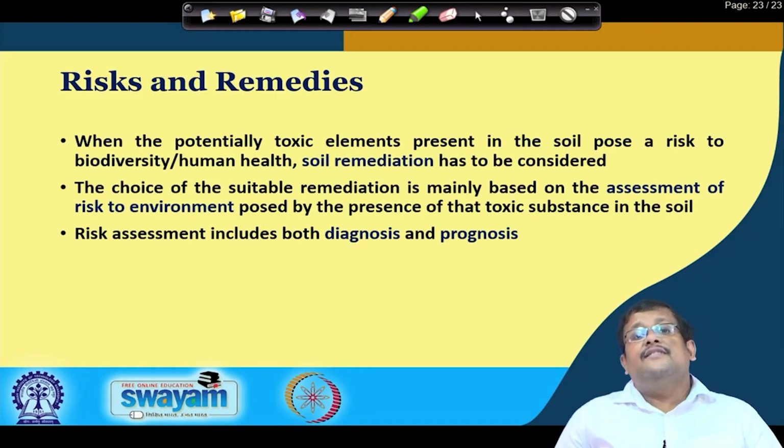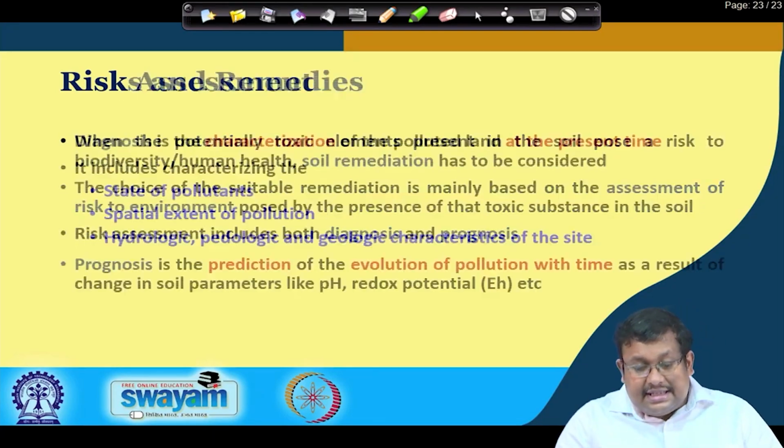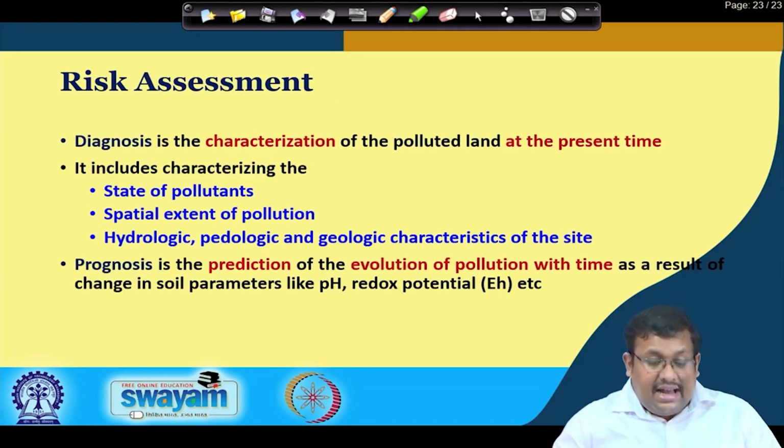Now, the choice of the suitable remediation is mainly based on the assessment of risk to environment posed by the presence of that toxic substance in the soil. And remember that risk assessment includes both diagnosis and prognosis, and these are two different terms which we are going to discuss in our coming slides.